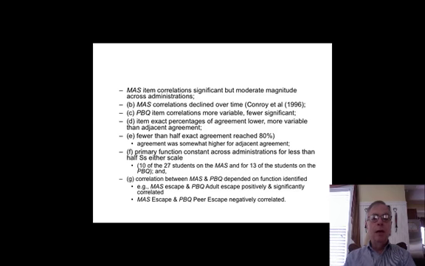They reported that the MAS item correlations were significant but of moderate magnitude across administrations. And you can see that their data seem to suggest that these instruments could be used with children who suffer from some type of emotional disability.